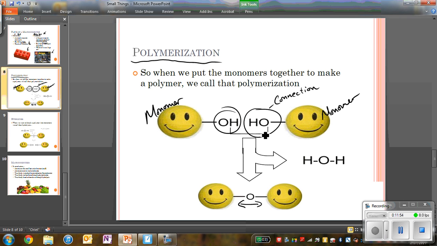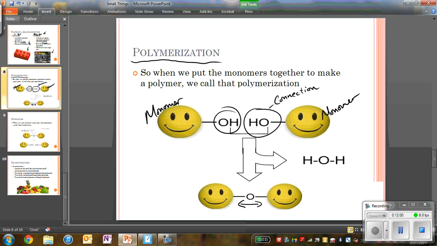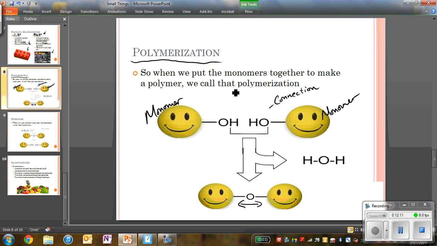Well, they have to lose some of these molecules. So you'll notice, well, it's O and H, and some more O's and some more H's, right? If we take those off, conveniently, as we take these off and stick our smiley faces together, we make something called H2O.